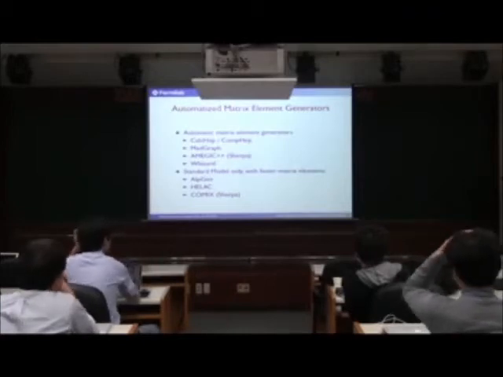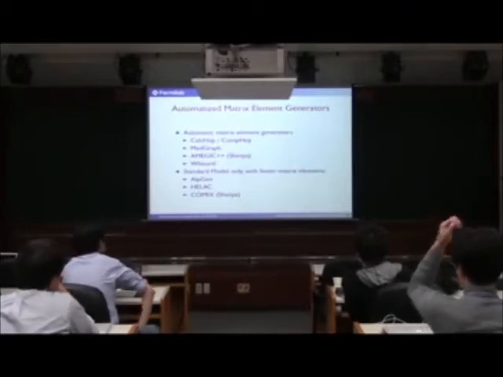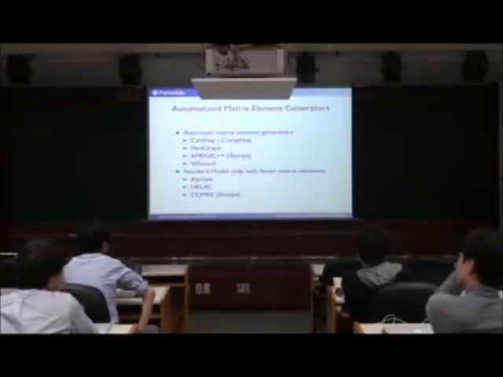The automatic matrix element generators that are around, these are the most important ones, I think. CalCHEP/CompHEP has been around for many, many years, and it's very popular, especially among students, because you can turn diagrams on and off by hand in the user interface. MadGraph has been around for many years as well. I'll talk more about that later.